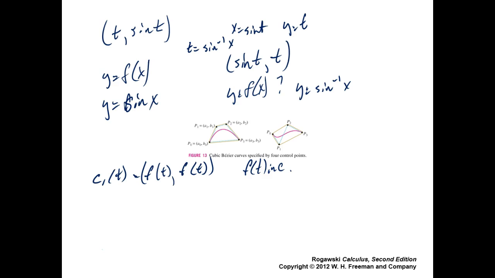Now the B part, compare that path to the path of a second ant crawling according to this curve. Here's ant number 2, and this is f of 2t, f of 2t.